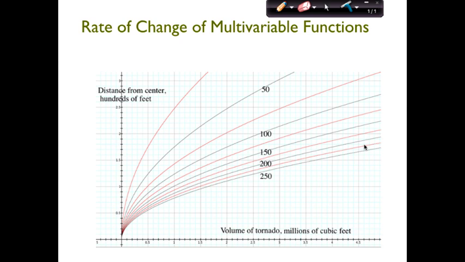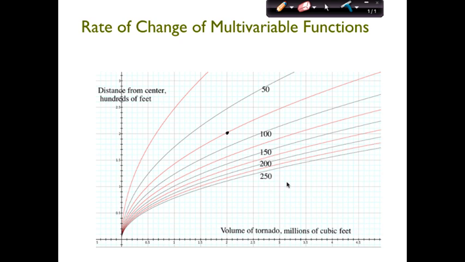So let's pick a good place here. We're going to pick 2 and 2, right? So 2 million cubic feet and a distance from the center of 200 feet. So the size is 2, and so we're going to get that point right there. I want you to estimate the wind speed.